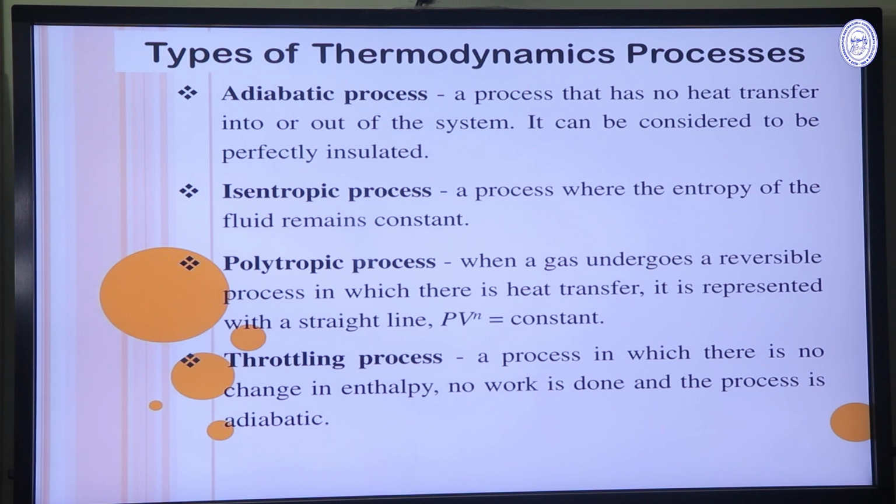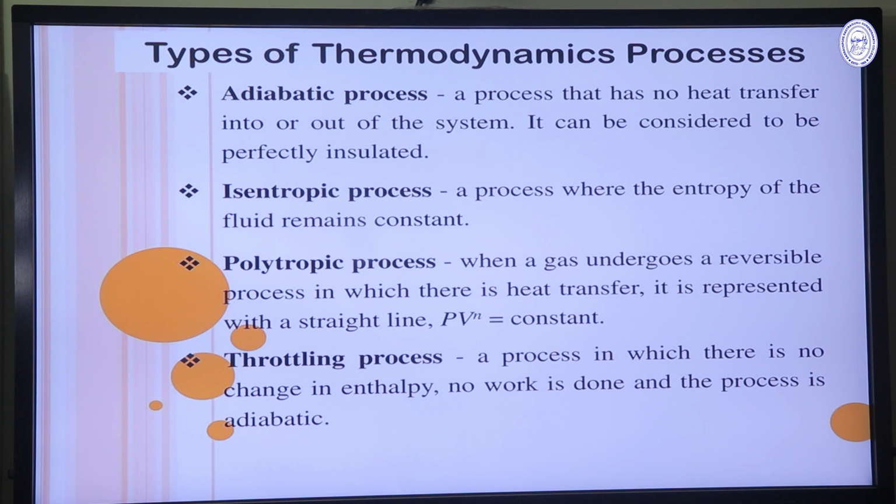Now, the isentropic process is the process where the entropy of the fluid remains constant. We will be coming into this topic of entropy when we deal with the second law of thermodynamics, so I will not be emphasizing much on this particular point right now, and we will be dealing with it later on.